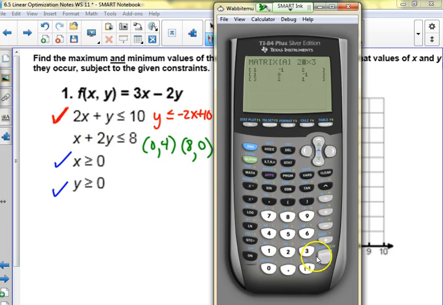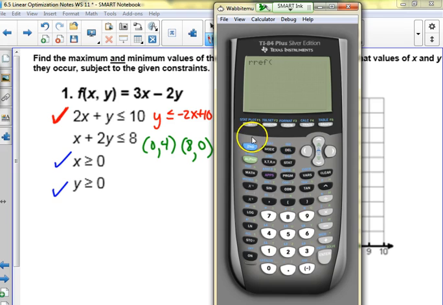A 2 by 3. And what are my coefficients? 2, 1, 10, 1, 2, 8. And since I put it all in one, I want to do what? RREF, which I might already have on here.